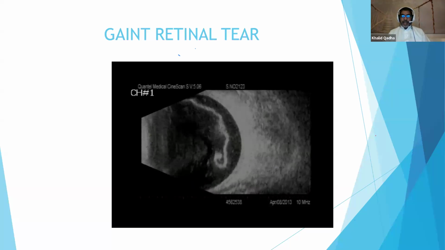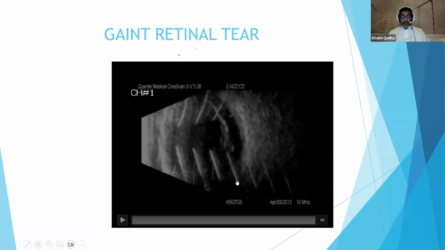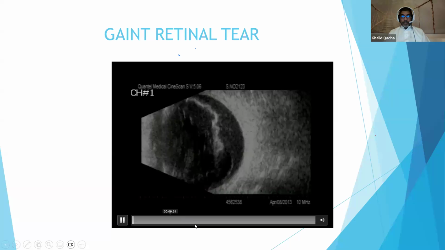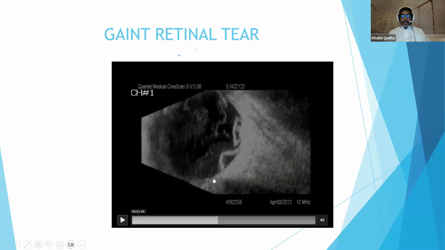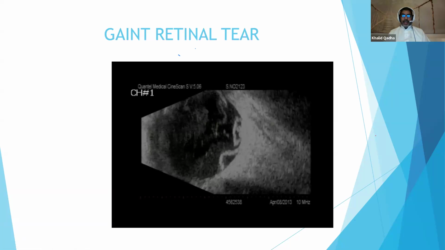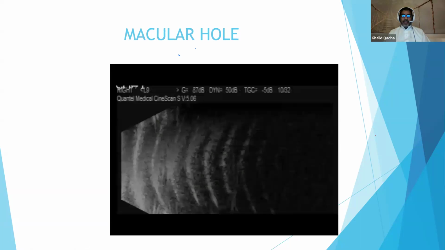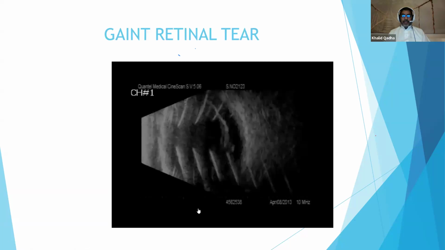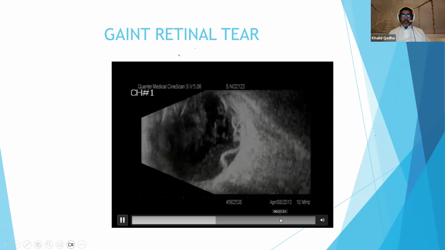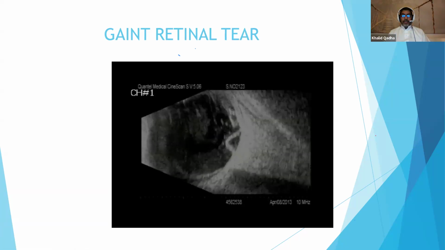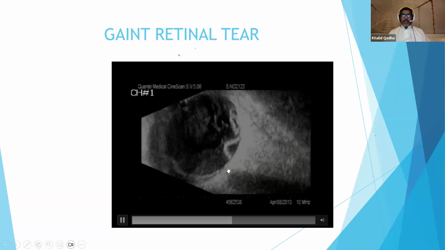And you can see here the retina is going up and then flipped down because of the giant tear or the tearing of the retina from the anterior part. But it still is inserted into the optic nerve.